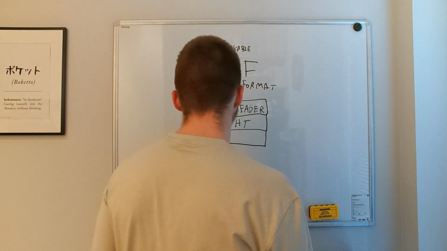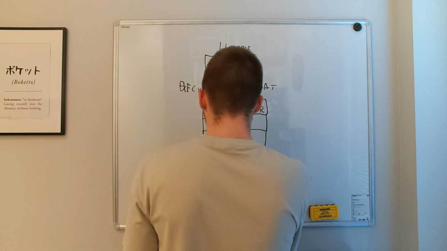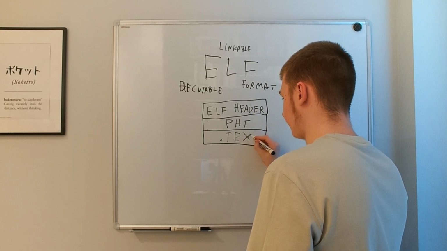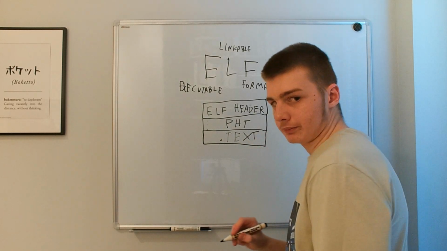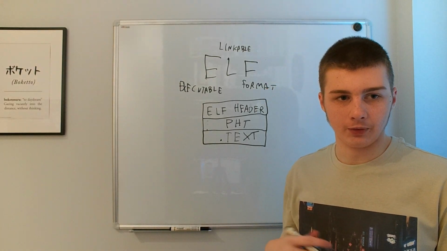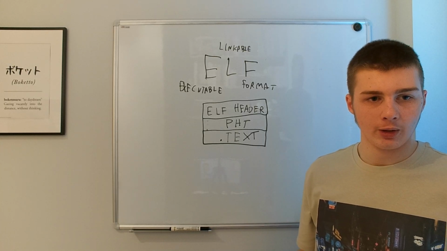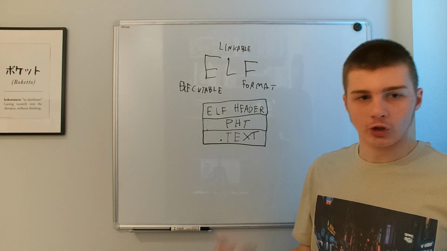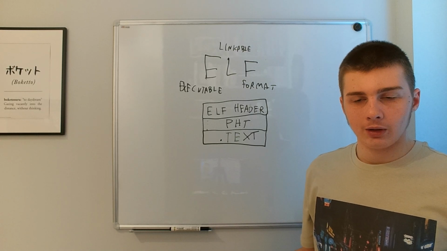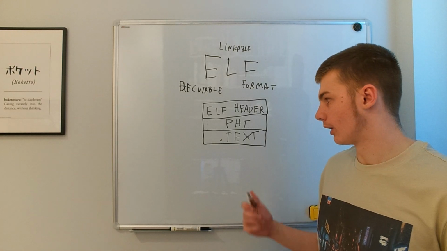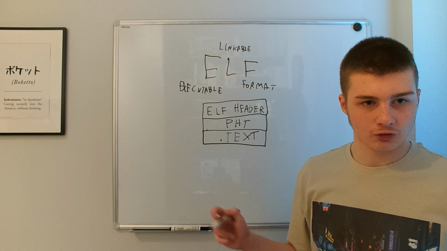So pretty much the most important section is .text. .text is the section of the ELF file that actually contains the code, the executable instructions that are stored in the ELF file. That's your .text section.